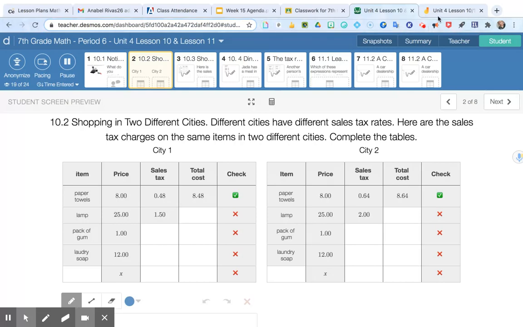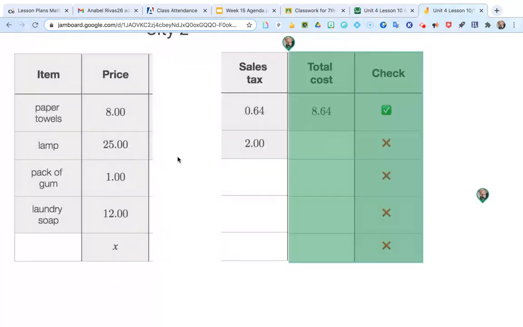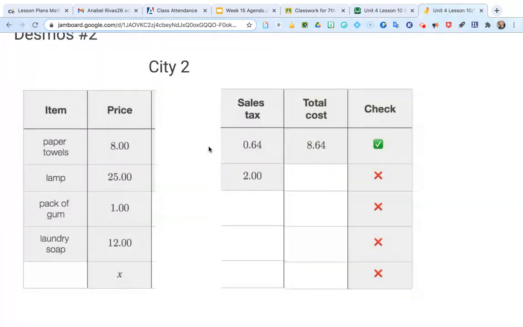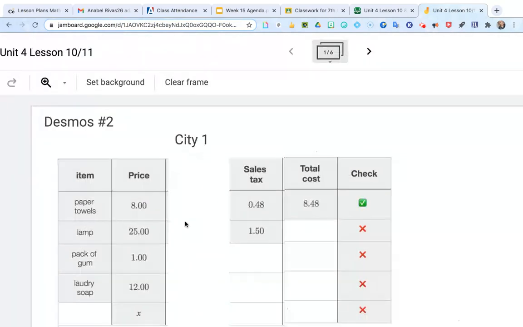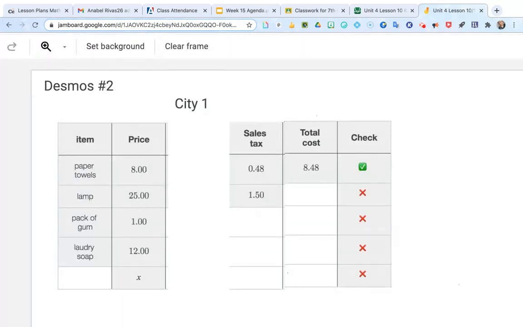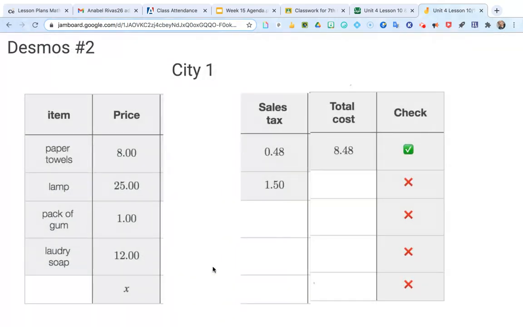All right, so I'm going to show you on a Jamboard, so it's a little easier. So this is City 1. This is your table for City 1. I put a space right here because I want you to think of price and sales tax as proportions.